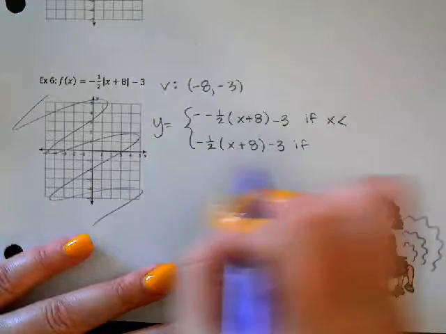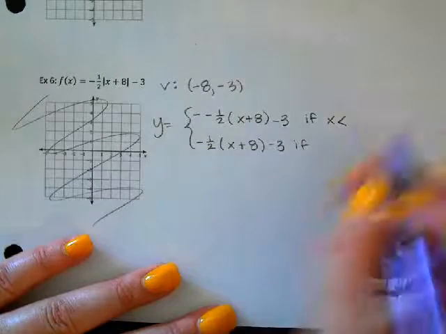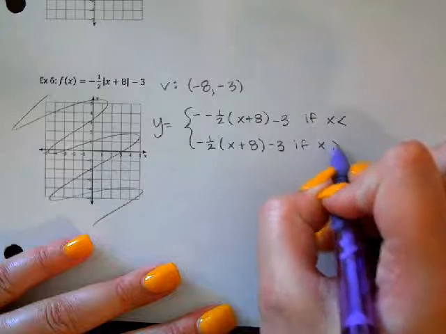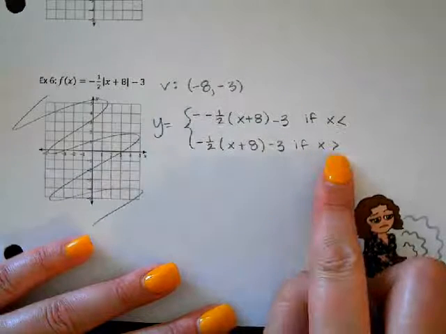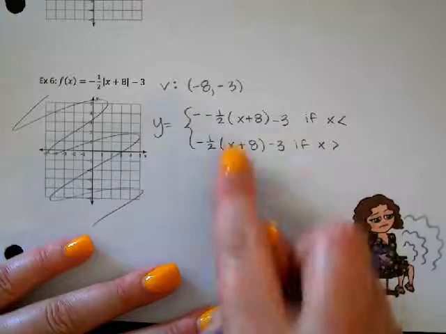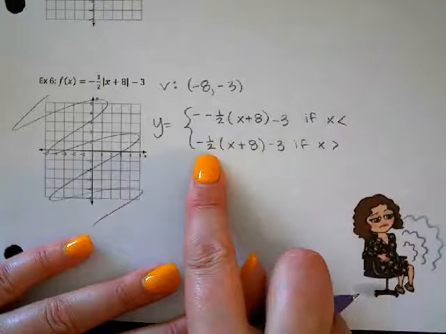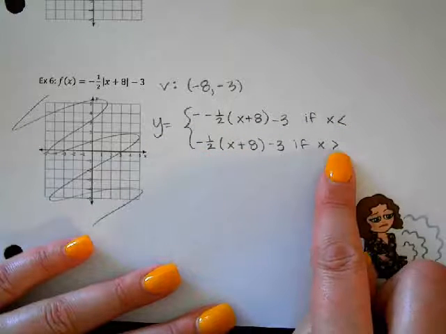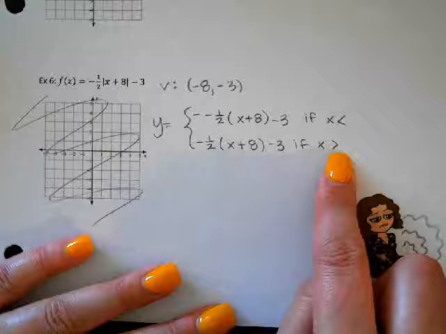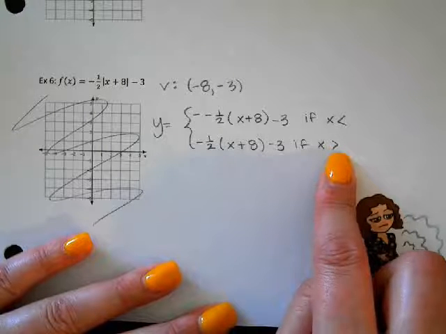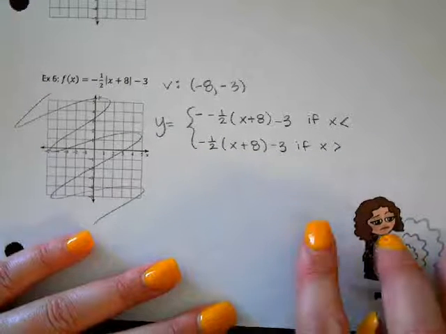And then the regular version of the equation is if x is going to the right side. So negative version of the equation, left side. Regular version of the equation, right side. Does that make sense? I think that's the funkiest part of the whole lesson.